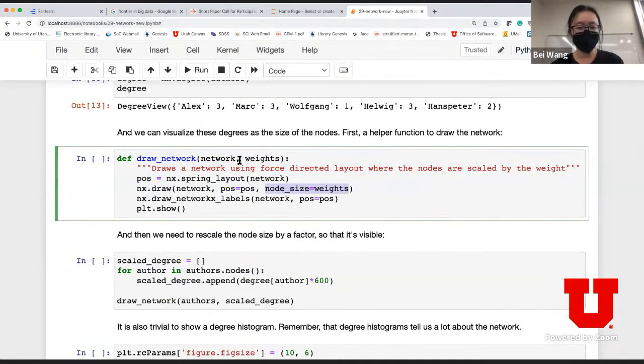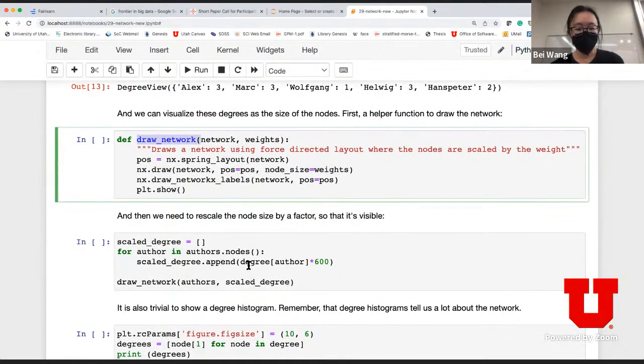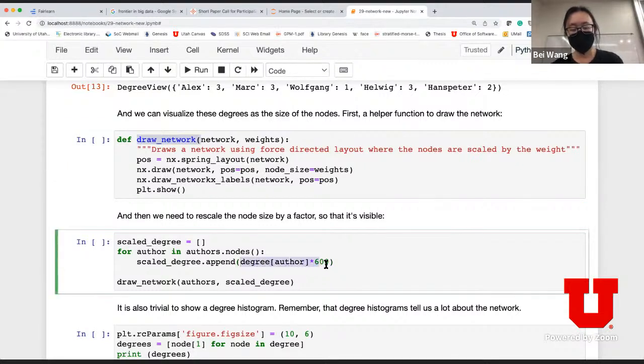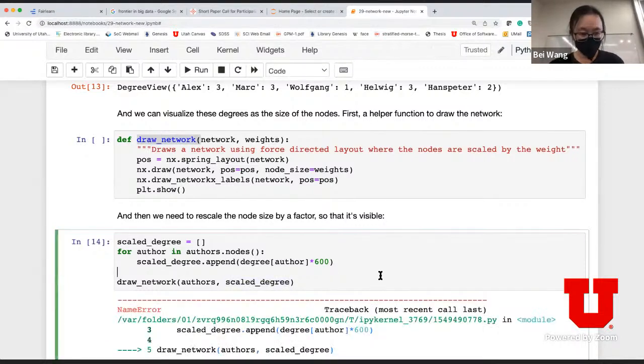This function takes some weights and resizes the nodes based on them. When I call this function, I'm going to append the degree times some large number, which scales how large I want the node to be proportional to the degree.